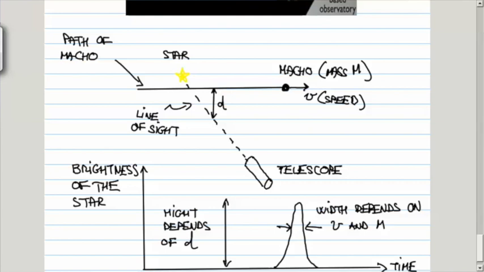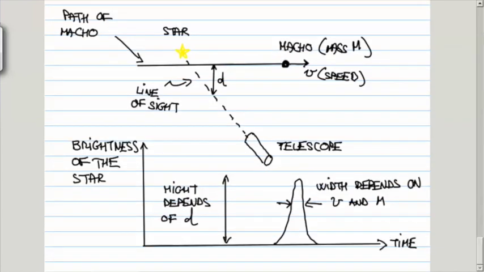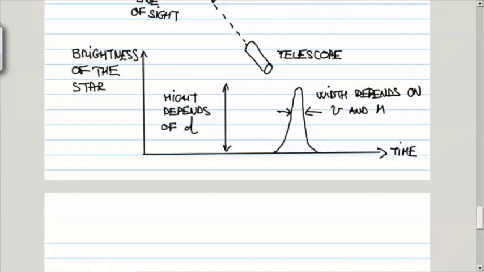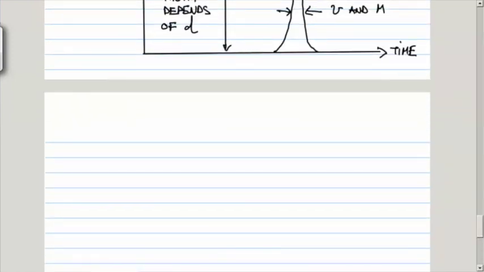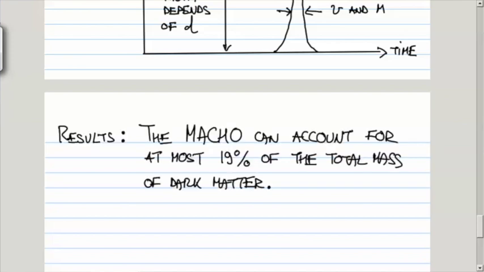And there were several large international projects devoted to doing precisely that. And the results of these projects are that the MACHOs can account for at most 19% of the mass of the dark matter. Okay?